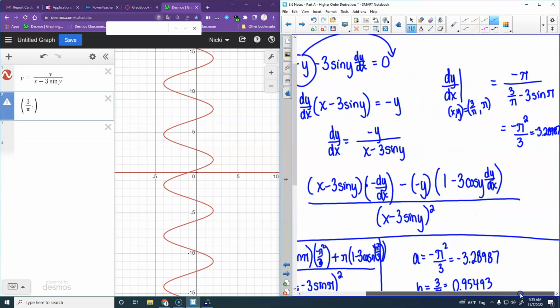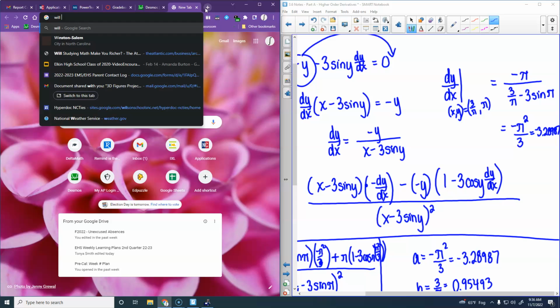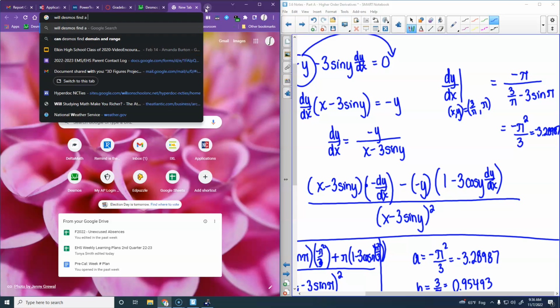Maybe we should Google how to find the second derivative on decimals. I put it in the math way.